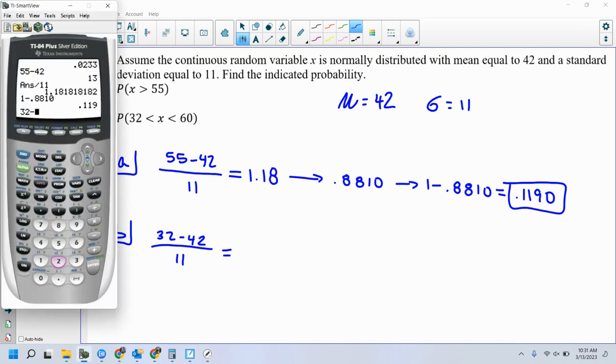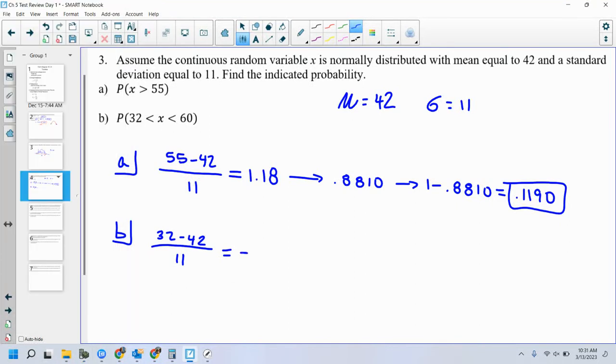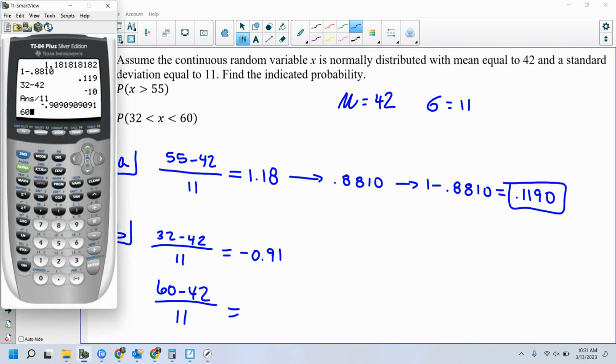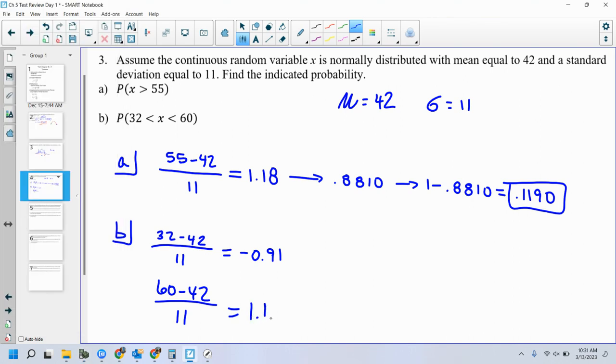So negative 10 divided by 11, negative 0.91. Then the other z-score is 60 minus 42, divided by 11, which is 1.64, rounded to the nearest hundredth.